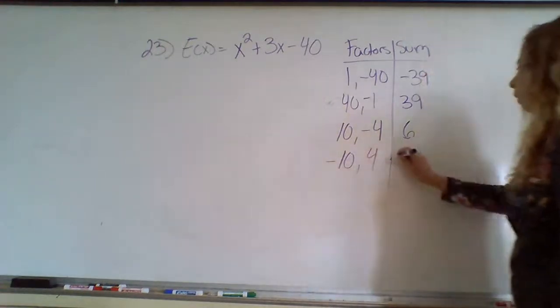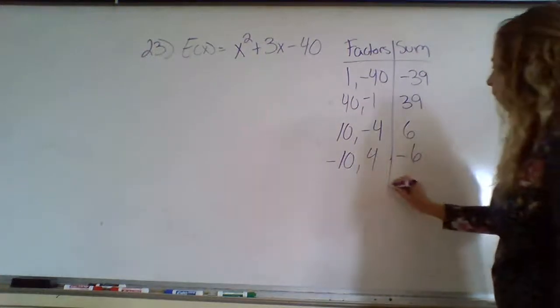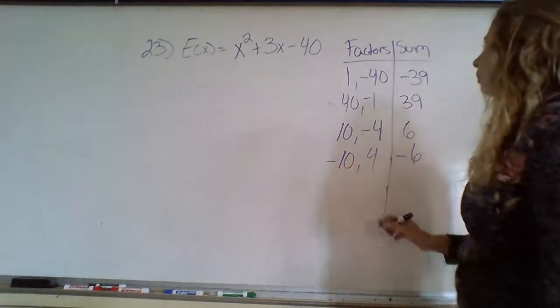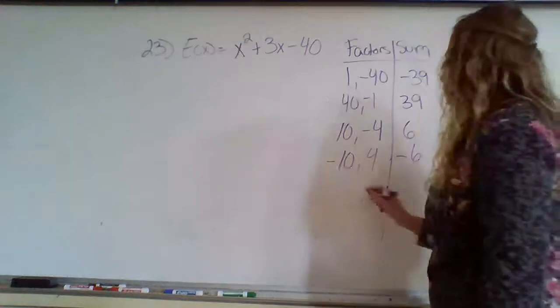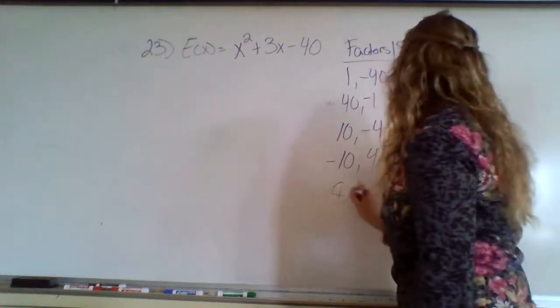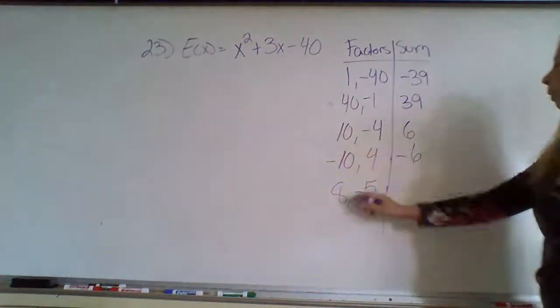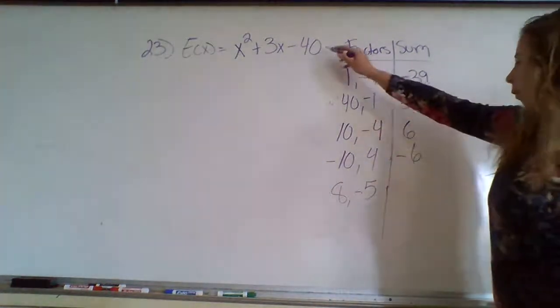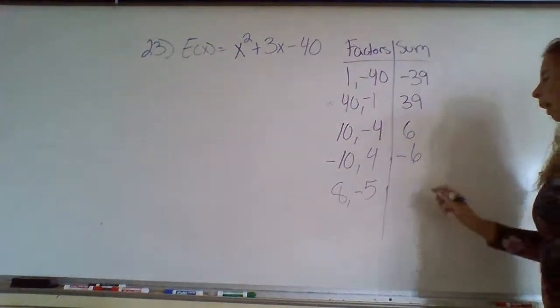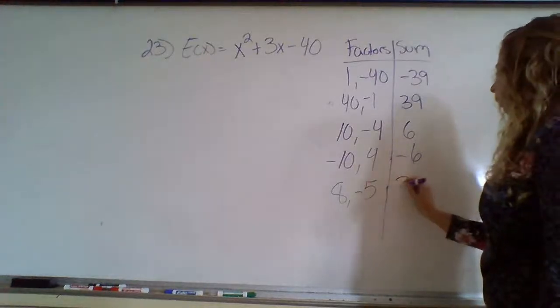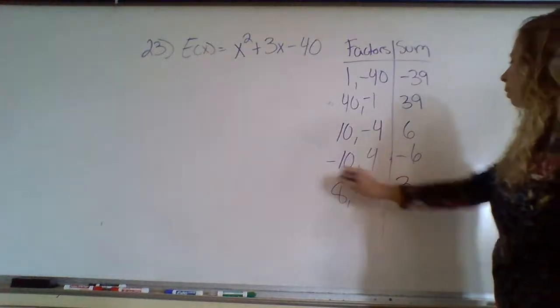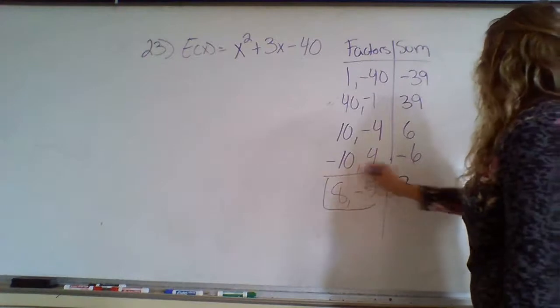Nope, then you get negative 6. So let's do 8 and negative 5. If you multiply those together, you get negative 40. If you add them, you get positive 3. So there you go. Those are your 2 factors.